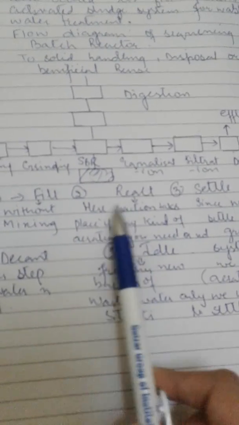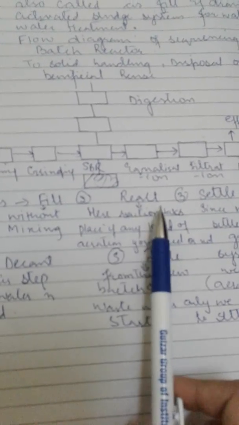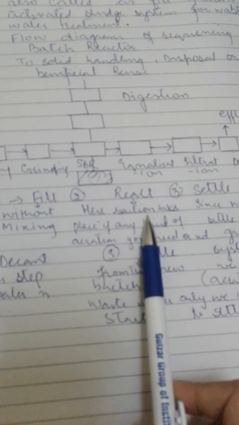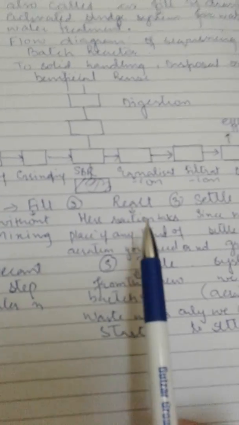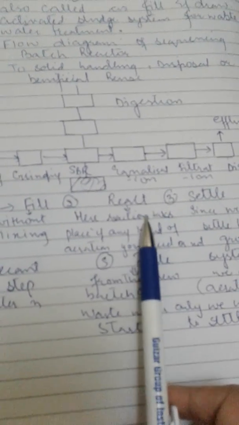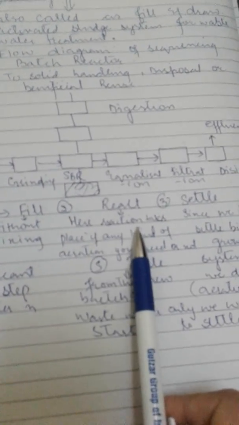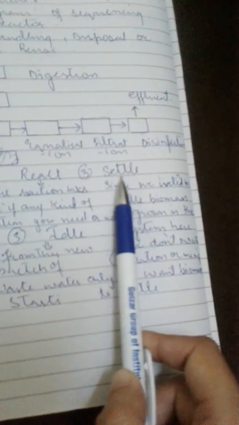Now what happens in the reaction? Since my water is brown, I will add some reactants to it in order to make a smooth reaction, but only if required. If it is not required, I will skip this step and enter the next step, that will be settle.